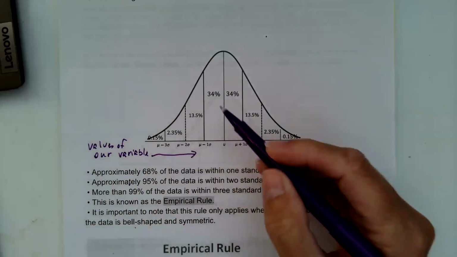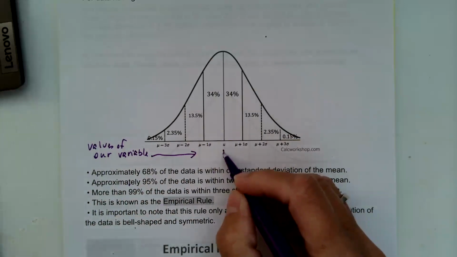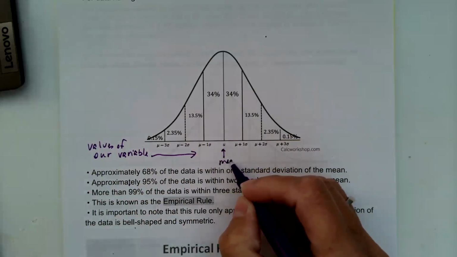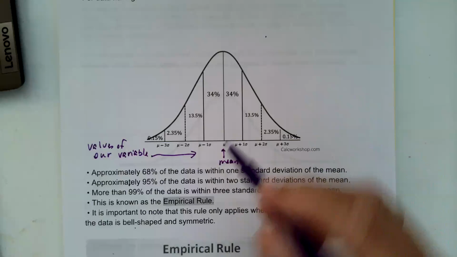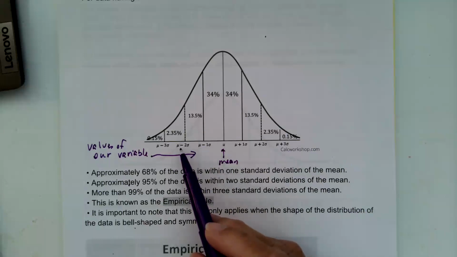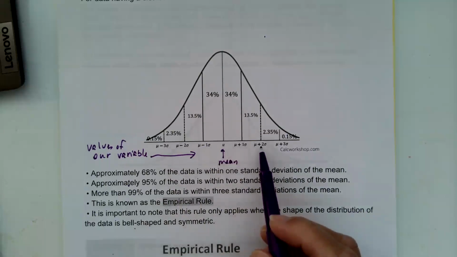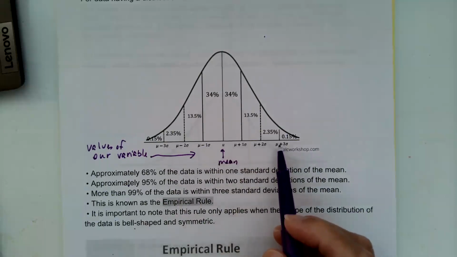And these are the percentages that should fall within there. So this is the mean. Should be about in the center. And then this is subtracting 1 standard deviation, subtracting 2 standard deviations, subtracting 3 standard deviations. And this is if we were to add 1 standard deviation, add a second standard deviation, or add a third standard deviation.